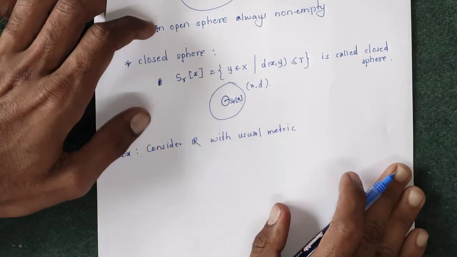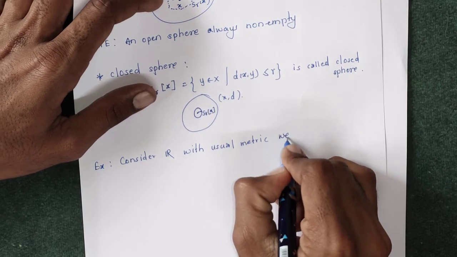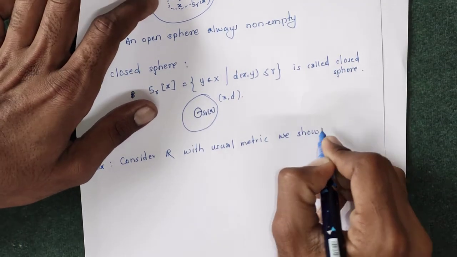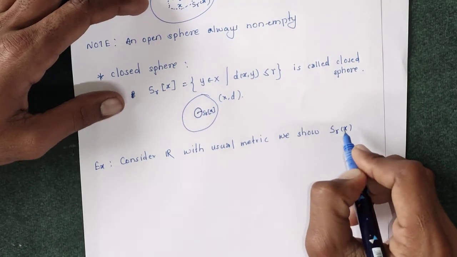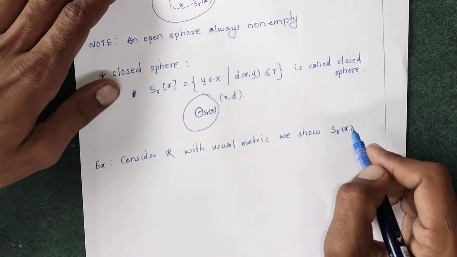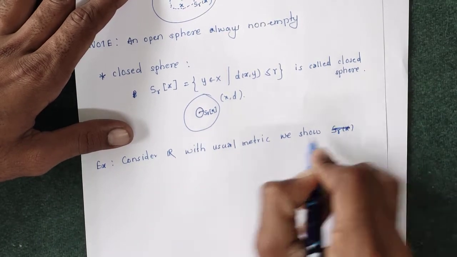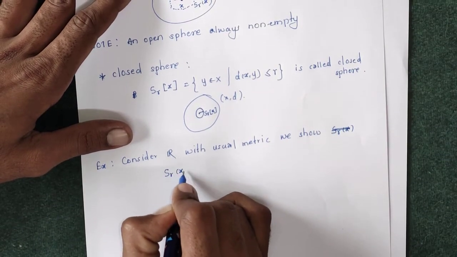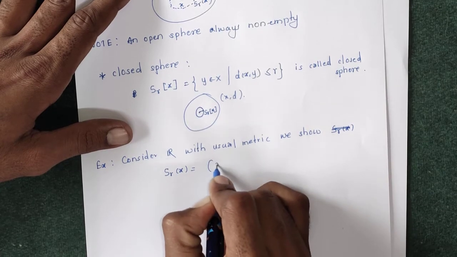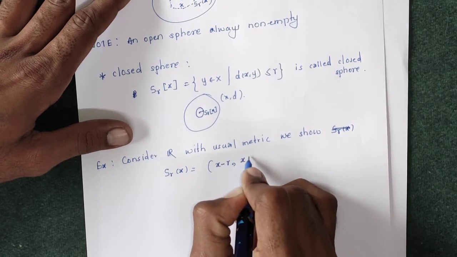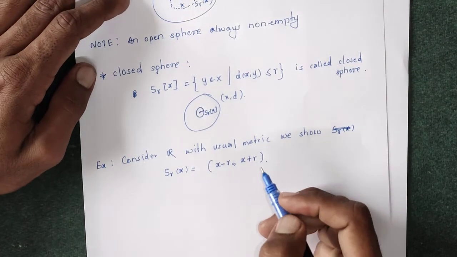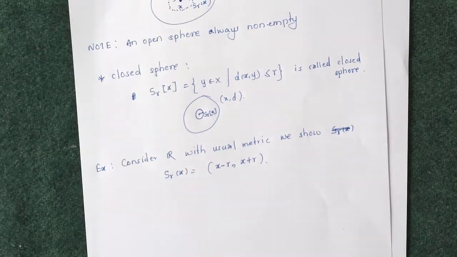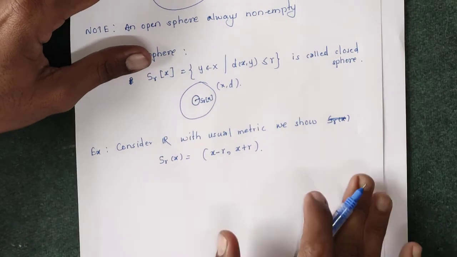With the usual metric, we will show that S_r(x), that is the open sphere on the real line, is equal to the open interval (x minus r, x plus r). This question may be asked for 2 marks: show that on the real line the open sphere is the open interval (x minus r, x plus r).